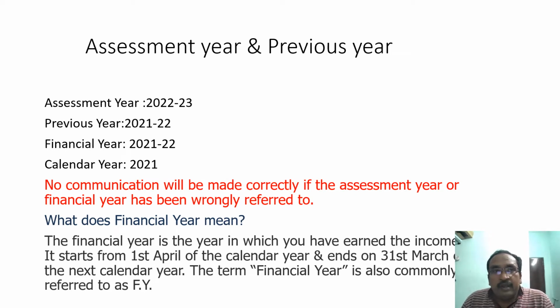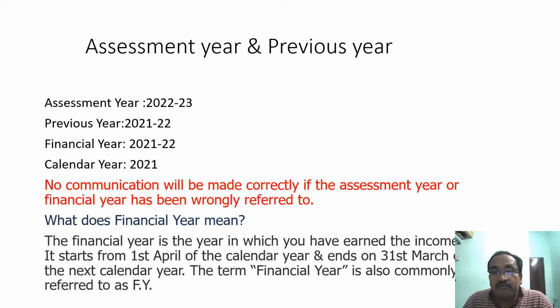In your academic year, you complete your syllabus and your studies, and after completing it, you write the exams. Your lecturer or professor evaluates your performance and gives you the marks. The work done by the professor starts only after you complete or write your exams. That is called an assessment.